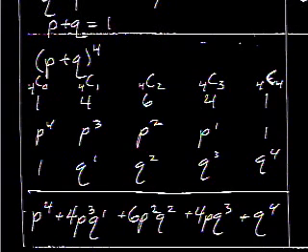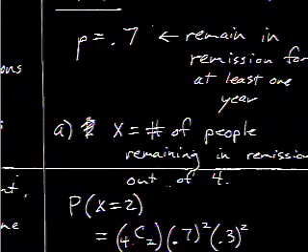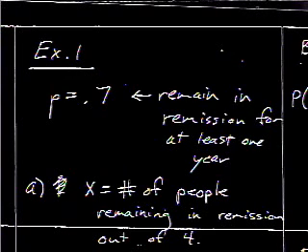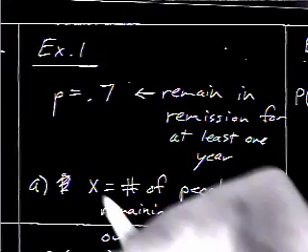So we kind of use that idea in example 1. Example 1, if you look at the book, talks about cancer treatments. The probability of successfully remaining in remission for at least 1 year is 70%. So p equals 0.7.